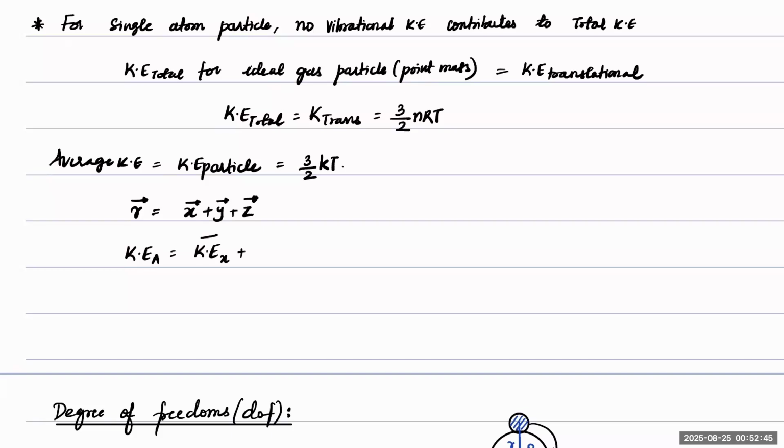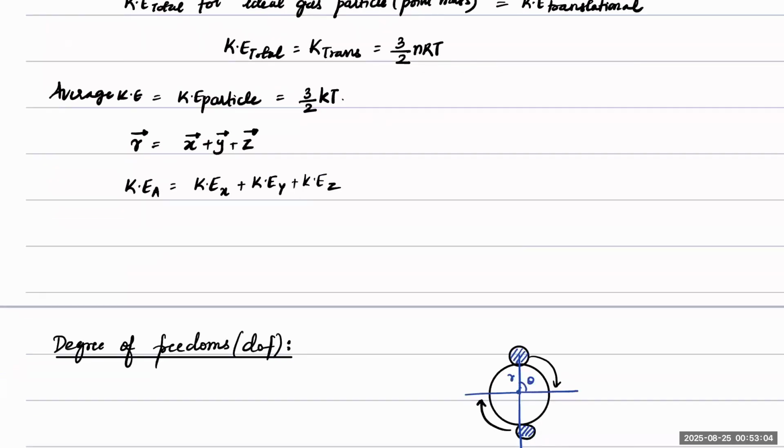Of course, kinetic energy is not a vector sum, but I can write it as plus kinetic energy in the y direction plus kinetic energy in the z direction. These are the contributing factors, isn't it? Or what we call components in vectors. Let's say these are the magnitude components in x, y, and z.